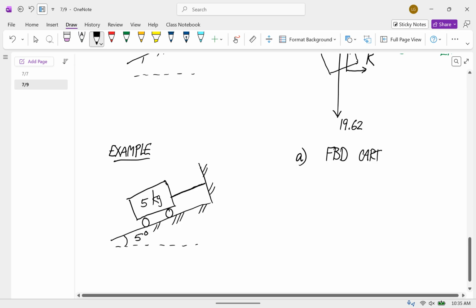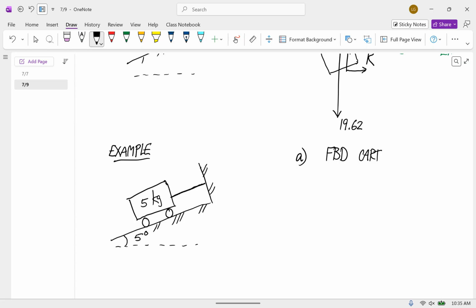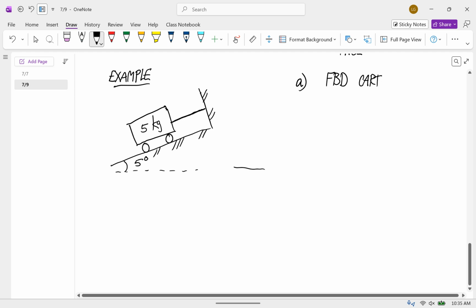Where there's a pulling contact, go to the rules for a pulling contact. Where there's a frictionless contact, go to the rules for a frictionless contact, and that'll tell you everything you need to know about drawing your free body diagram. So, okay, go ahead and draw this, and then I'll put a couple more parts to this up.